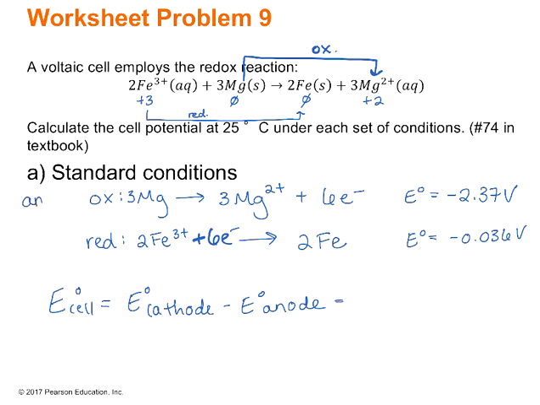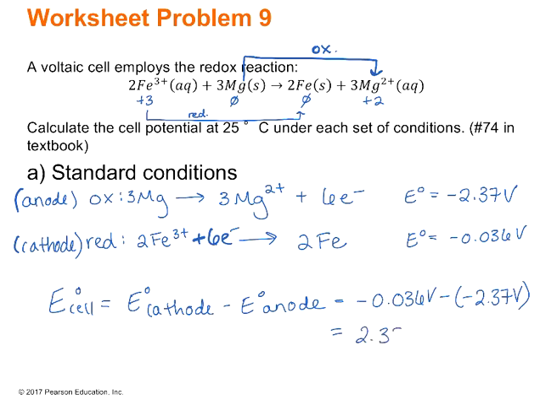The anode. So that must mean reduction is at the cathode. All right, so the cathode value is negative 0.036, and we're subtracting negative 2.37. All right, so that gives us a value of 2.33 volts. So E cell is positive, so this tells us that the reaction as it is right now is spontaneous.